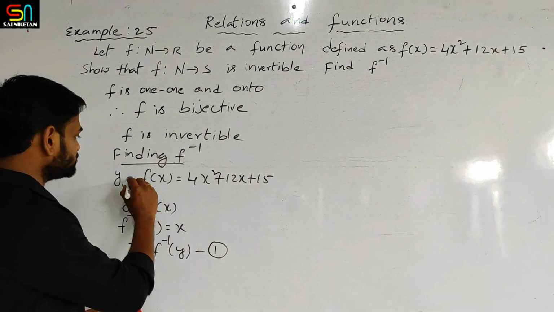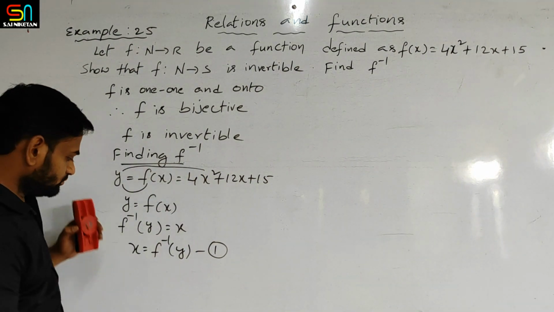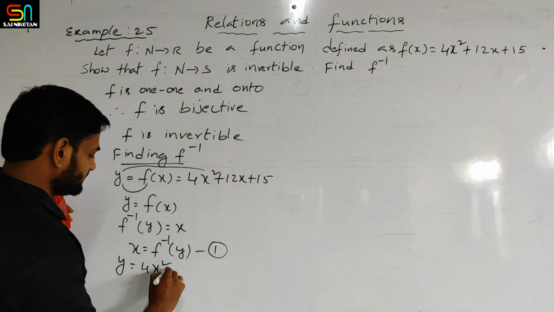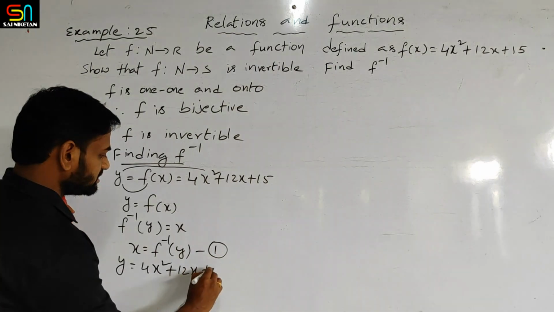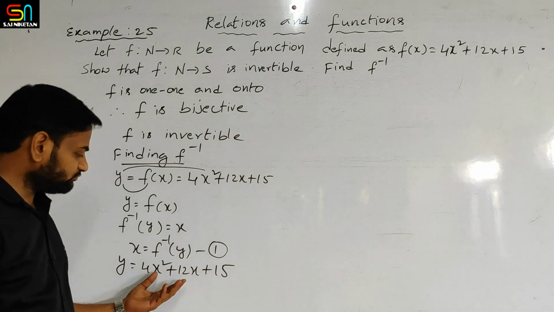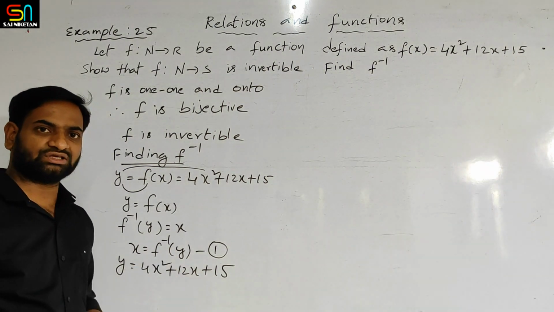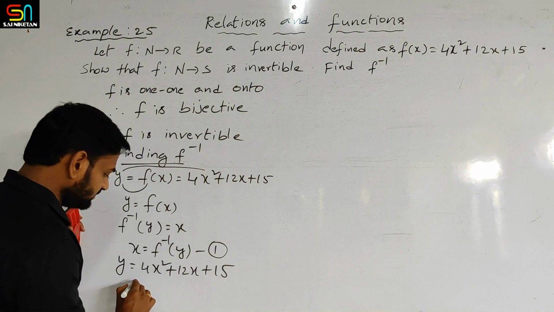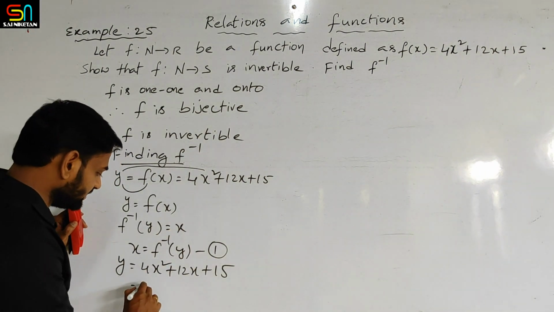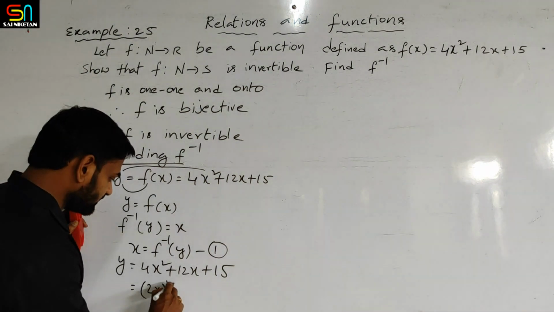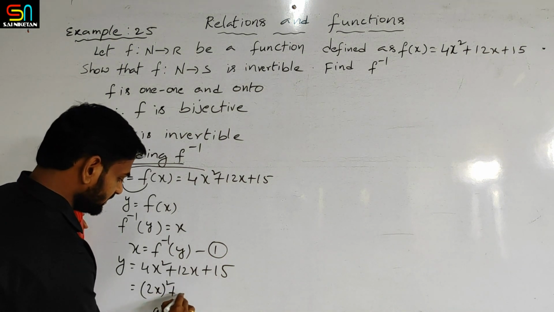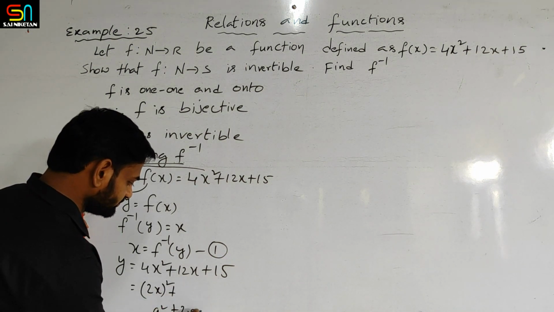Next, take this two. That is y equal to 4x square plus 12x plus 15. Now here, again we have to convert into the perfect square form. Previously I said this 4 we can write as 2 square. That is I am writing (2x) whole square. This is a square. Plus next I want to write 2ab.